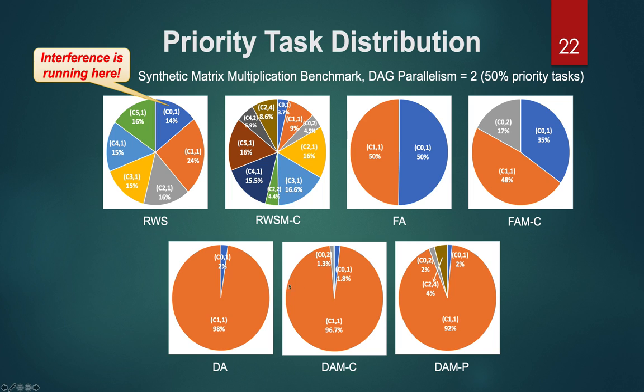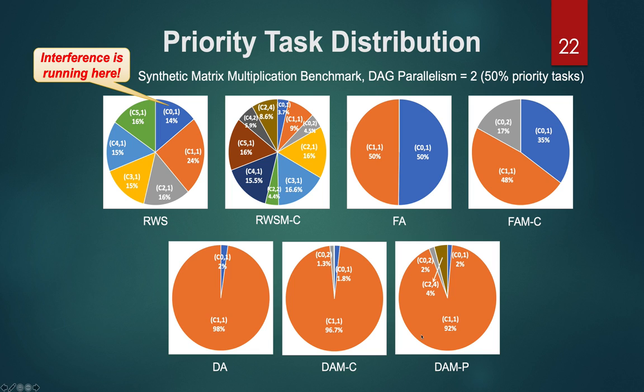Dynamic asymmetry results are promising. As we can see, the interference core only executes less than 2% of priority tasks. The other faster Denver core takes over 98% in DA. In DAMC, since C02 also includes this interference core, only 1.3% are executed with the two cores.